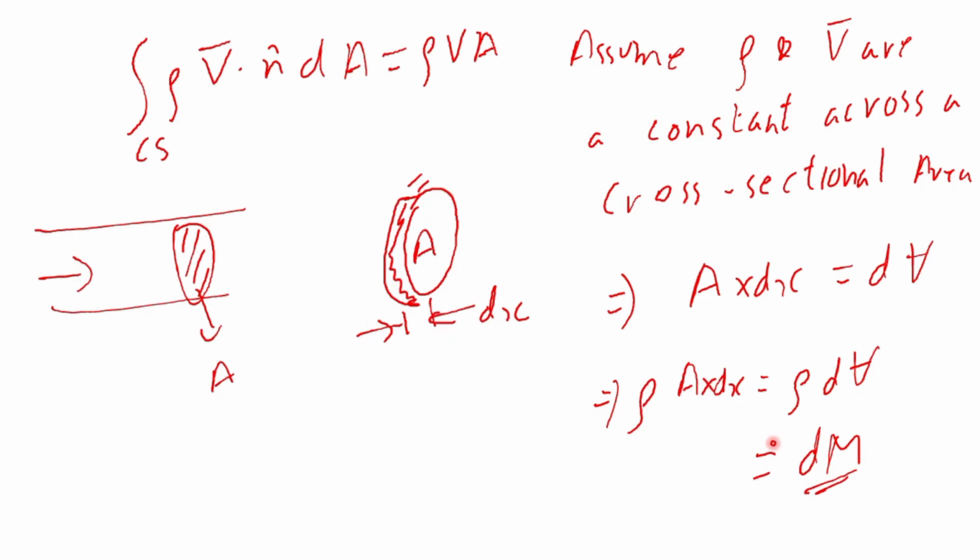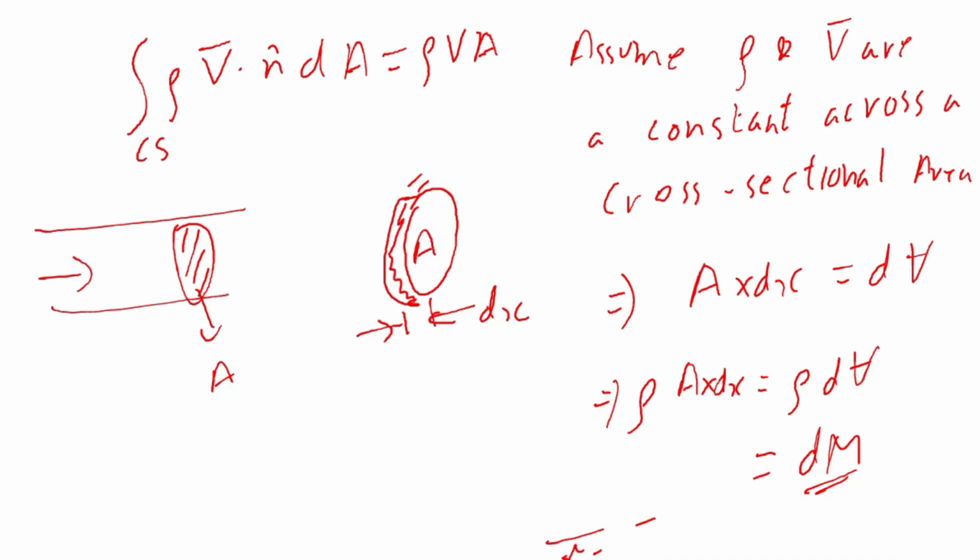Now if you want to write the rate of change of mass, or how the mass is changing in the small element, you're looking at dm dt.